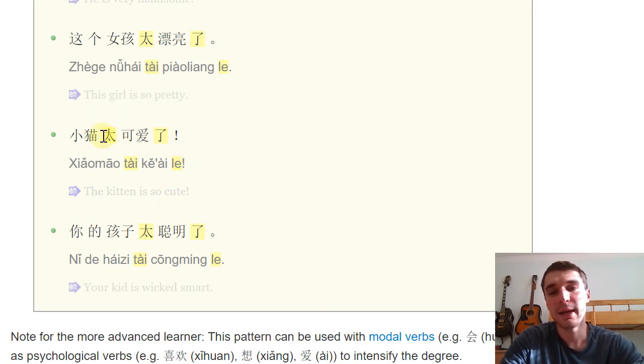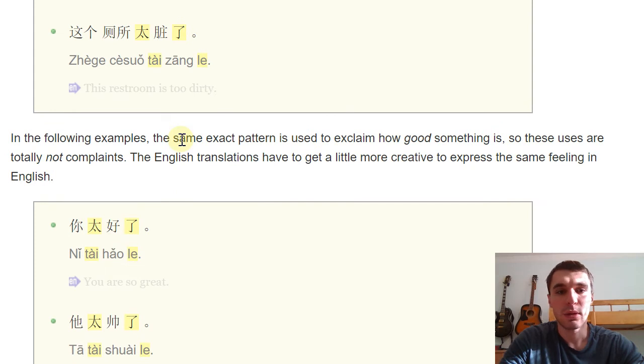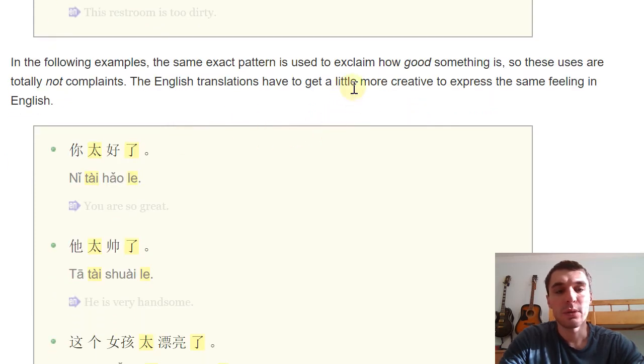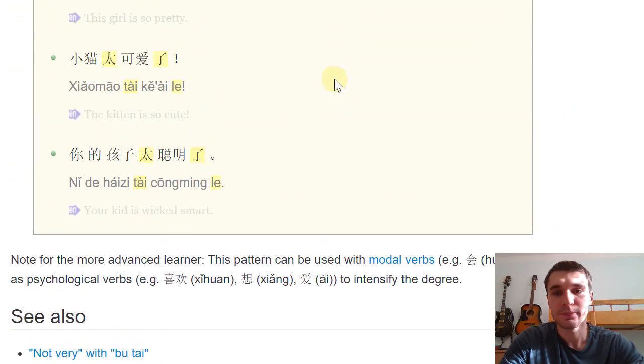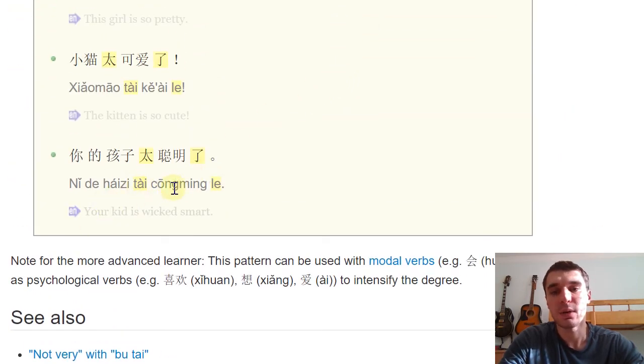So 太 plus 了, it's not about complaint only, but also we use it to explain how good something is. 你的孩子太聪明了. 你 means you, 你的 your, 孩子 kid, 聪明 clever, 太聪明了. Your kid is wicked smart. Your kid is so smart.